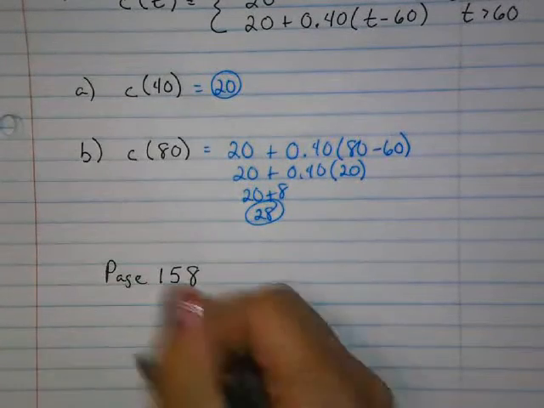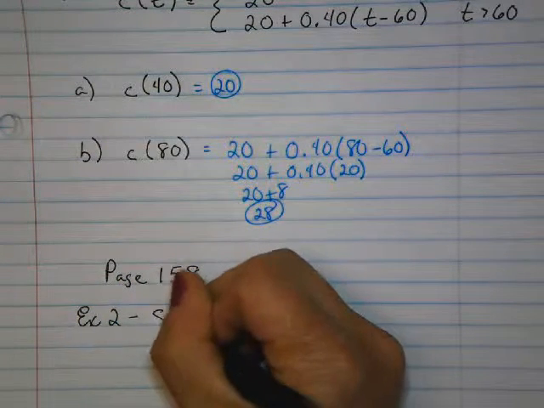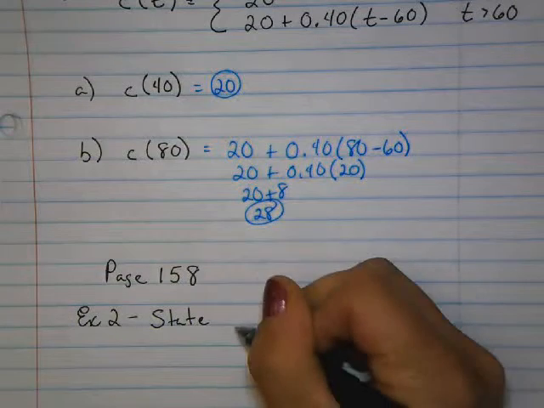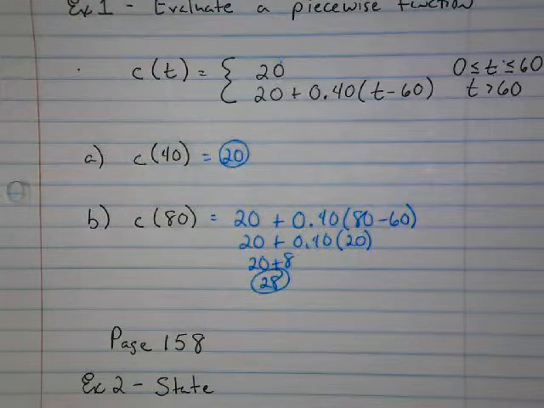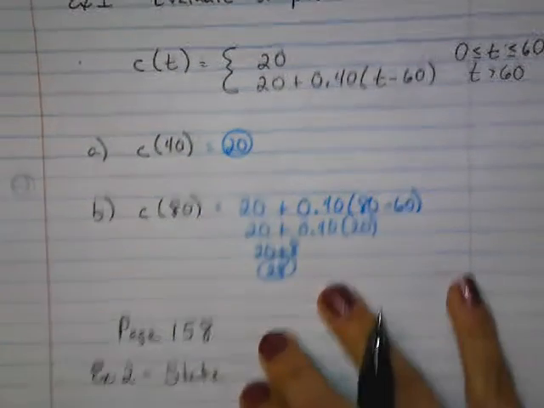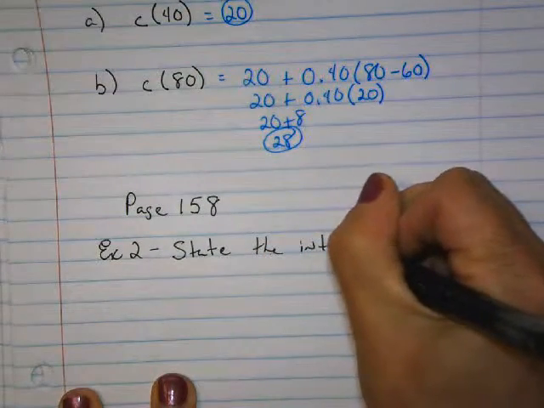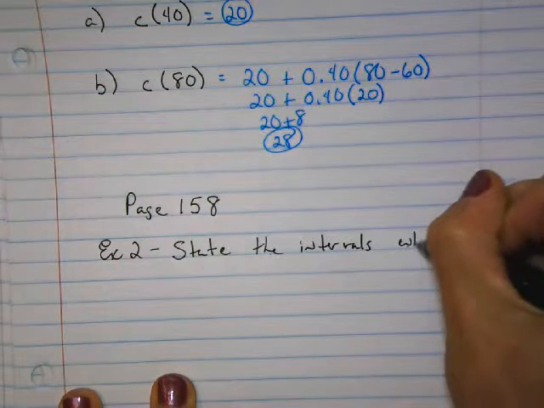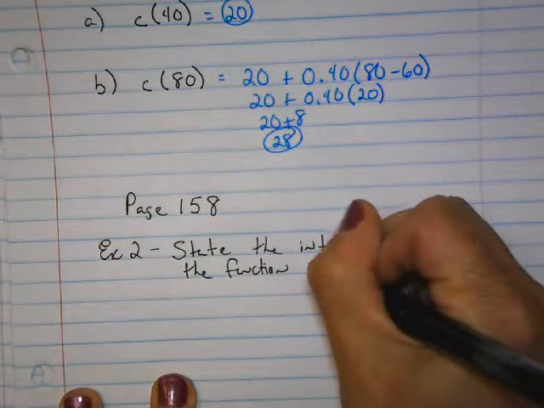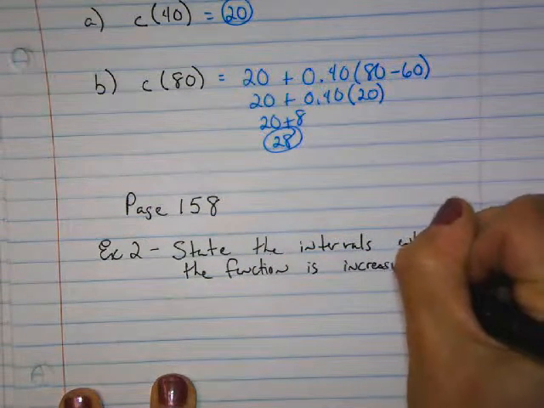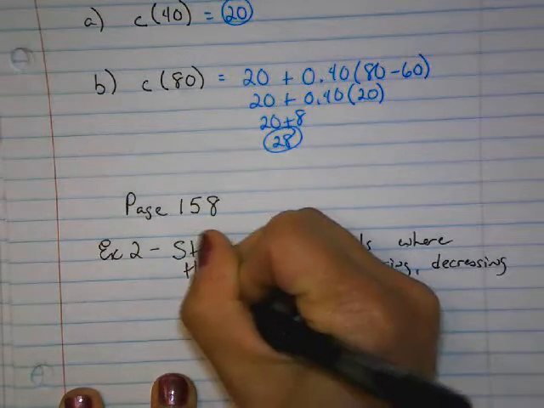So example 2: state the intervals where a function is increasing, decreasing, or constant.